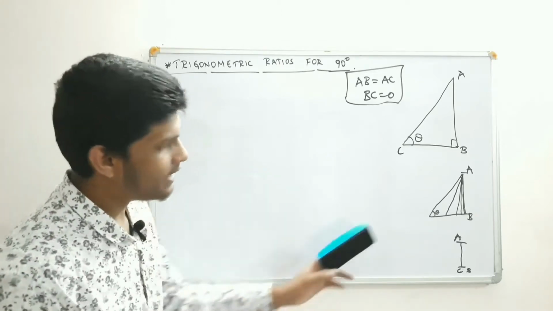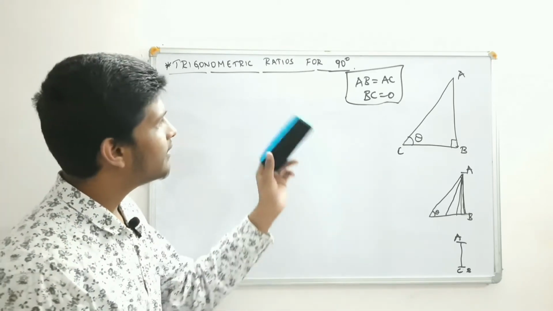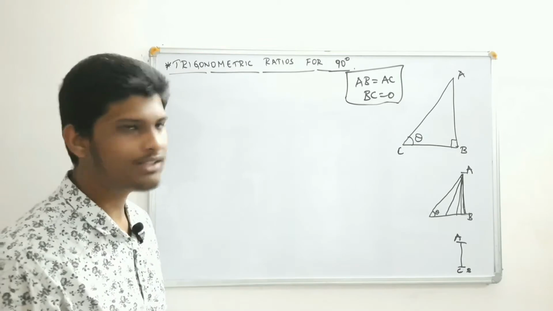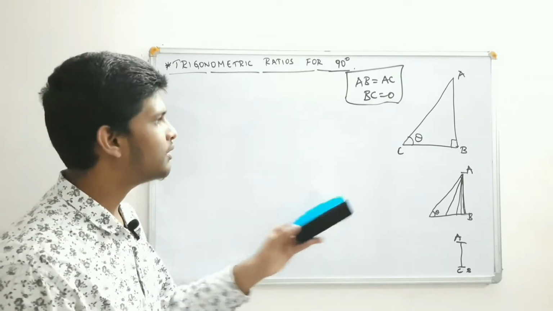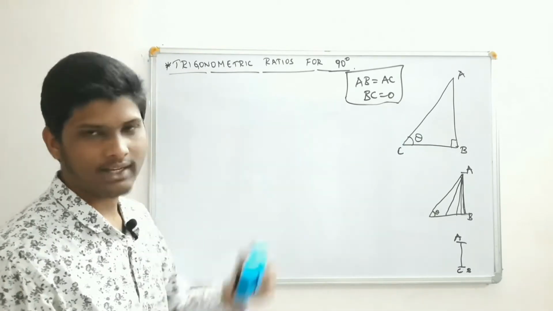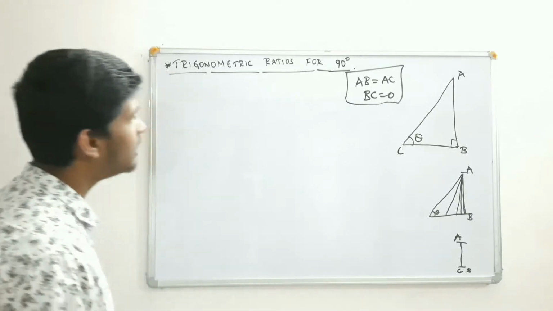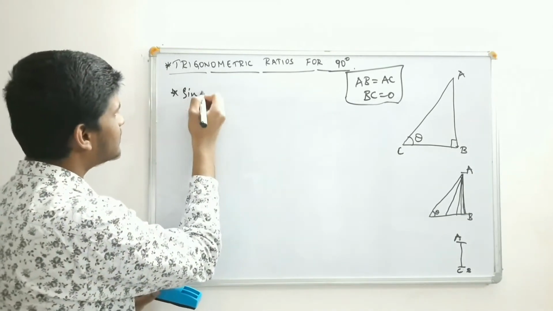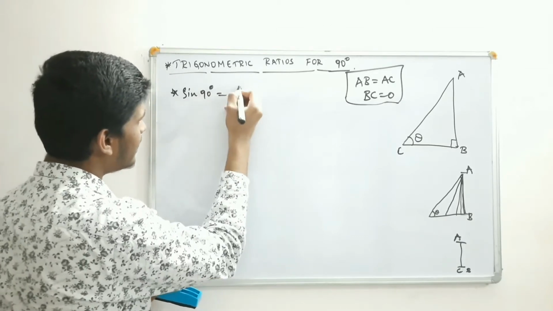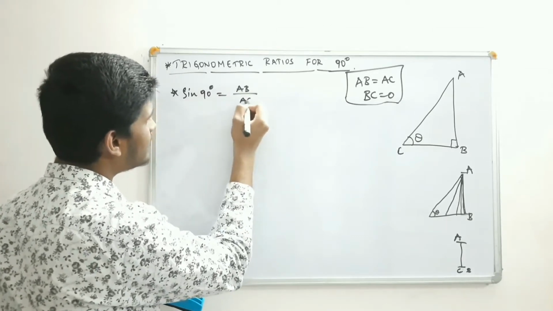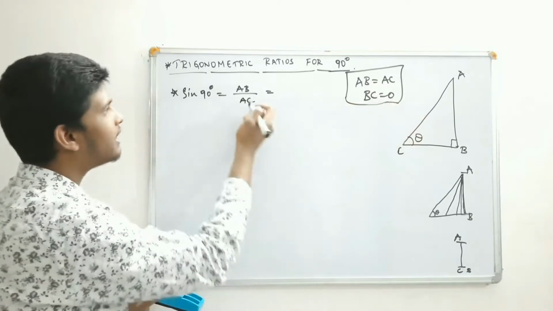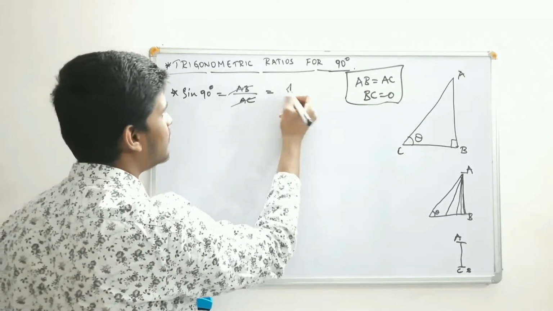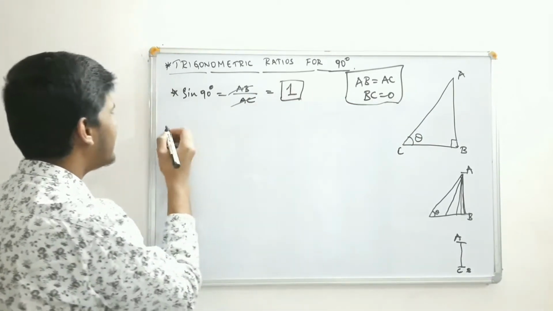And AB is the opposite side, BC is the base, that means the adjacent side for this angle theta, and AC is the hypotenuse anyways. So the first trigonometric ratio is sine, and this time sine 90 degree is AB by AC. We know that AB and AC are equal, so they both get cancelled and we are left with 1. So sine 90 degree is 1.